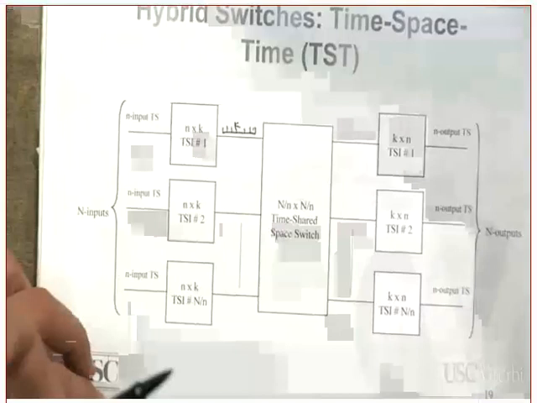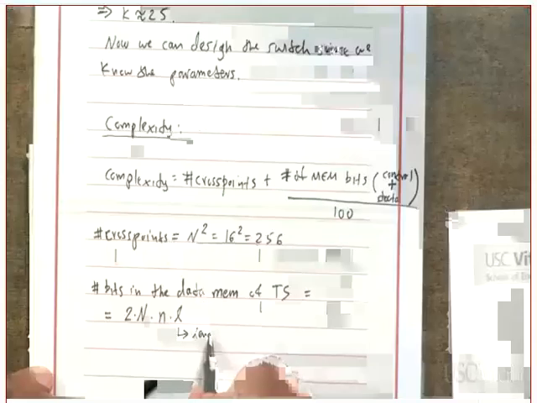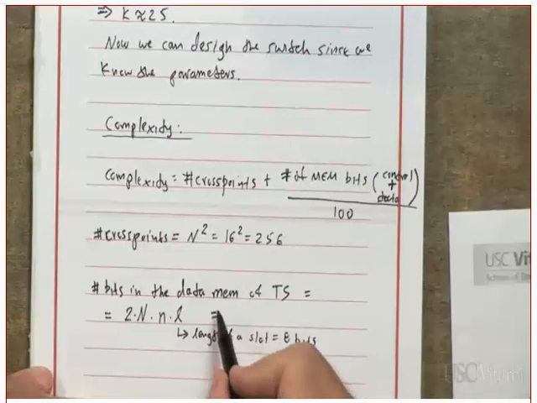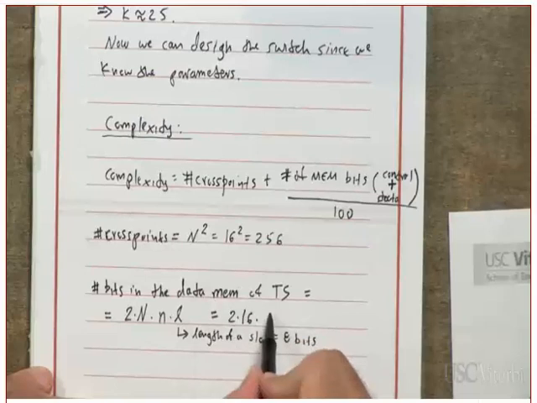We have n slots, so log 2n is the number of bits required to address those slots, times k, and then how many? 2n. So 2n times k times log 2n. This is 2 times 25 times log 2 128, and this is 5600 basically.